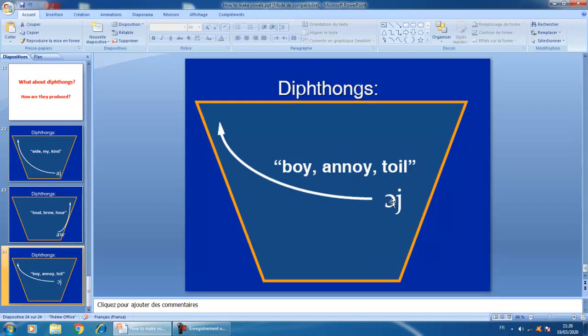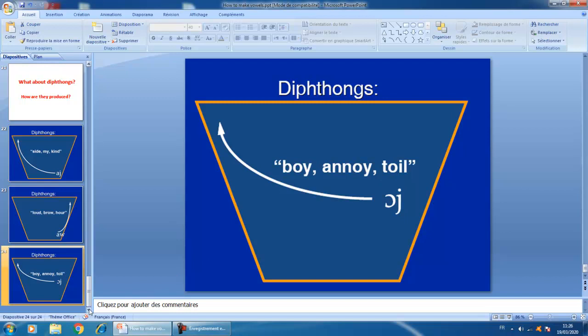In oi, we begin from the position of O. Just remember the figure where we locate the different vowels of English. This is here O, and we go to E. This movement from O to E gives us oi, in words like boy, annoy, toil.